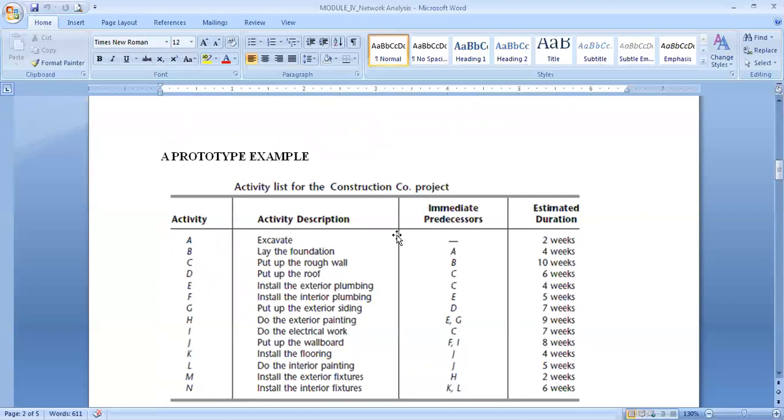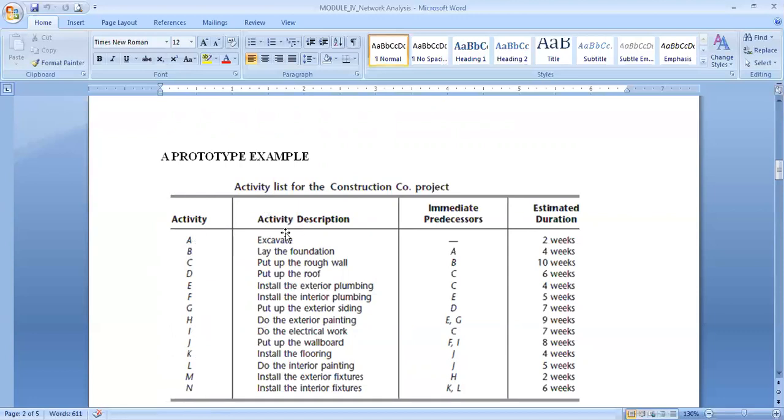You just see here, this is a construction company which has enlisted the activities right from the beginning to the end. The construction of a building is the project. As I told, the project consists of a number of activities. Here, there are n number of activities given from A, B, C to n.